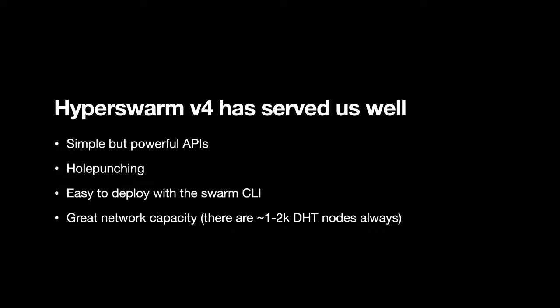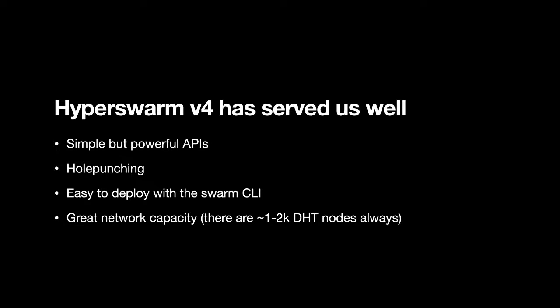So like I said, Hyperswarm V4 is the current version that's deployed of Hyperswarm. If you don't know what Hyperswarm is, it's basically like the network glue that links the hypercores together. If you use the hypercore protocol, people also use it for other things, but basically it's our networking layer. It's one of the powerful APIs we have combined with the other ones.